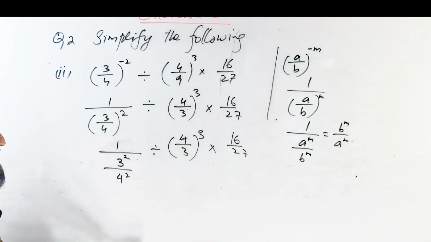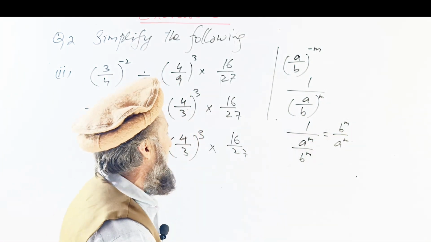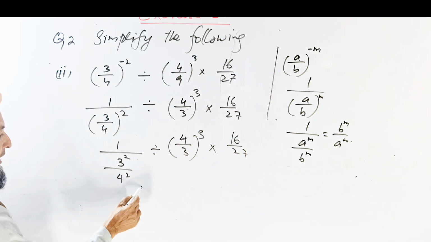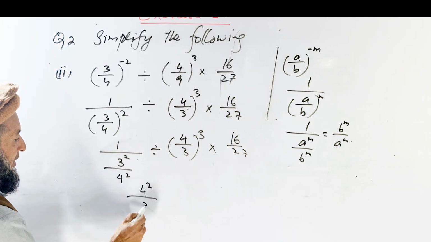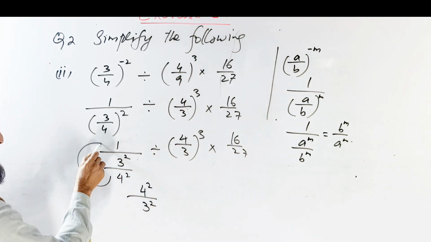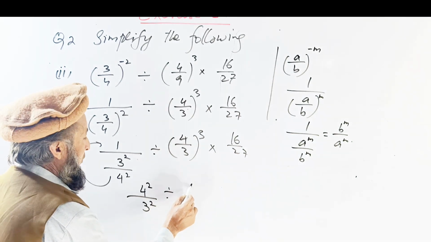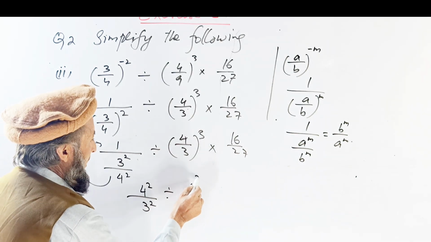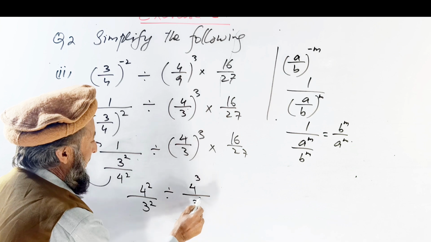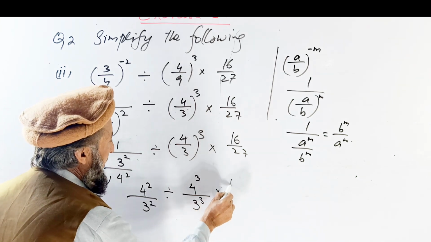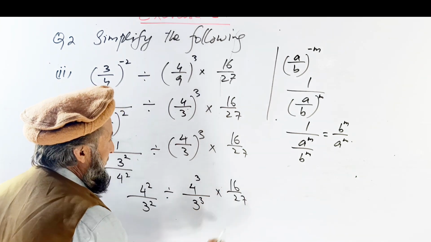Now we change according to this rule: 4 square divided by 3 square, because this is changed into the numerator term, divided by 4 power 3 over 3 power 3, multiplied by 16 divided by 27.